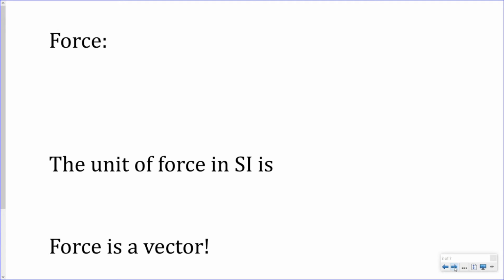So if dynamics is concerned with the reason objects are moving, not just the fact that they're moving, the reason why objects are moving is because of forces. So let's give a definition of a force. Force is just an interaction between two objects.